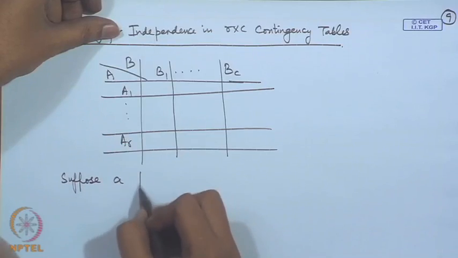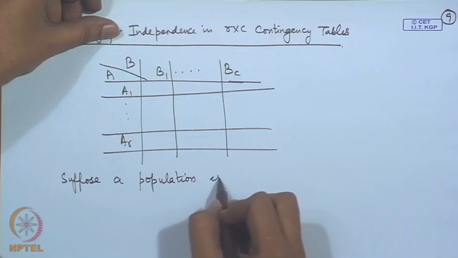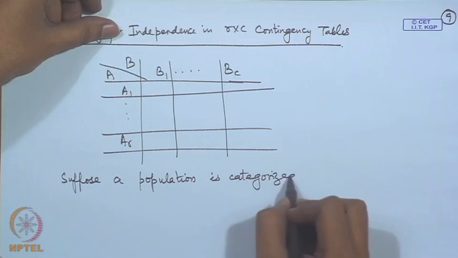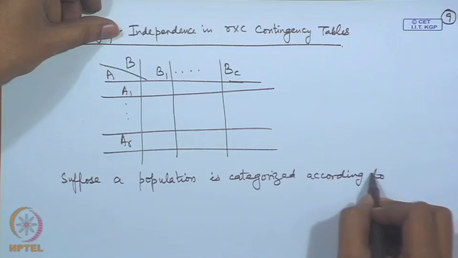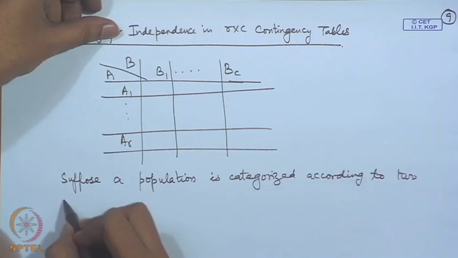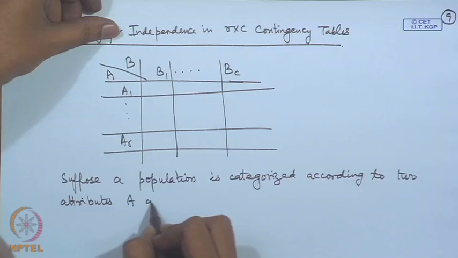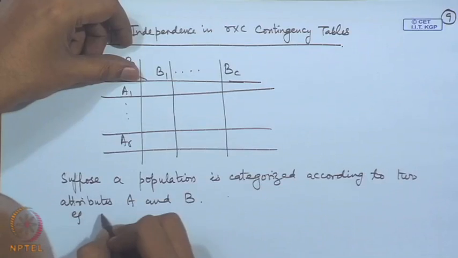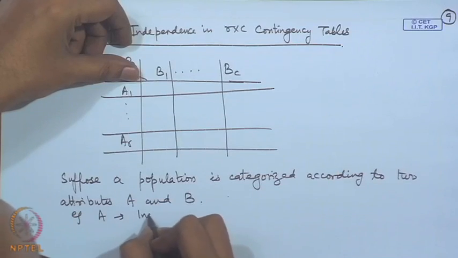Suppose a population is categorized according to two attributes A and B. Say for example, A is the income level.